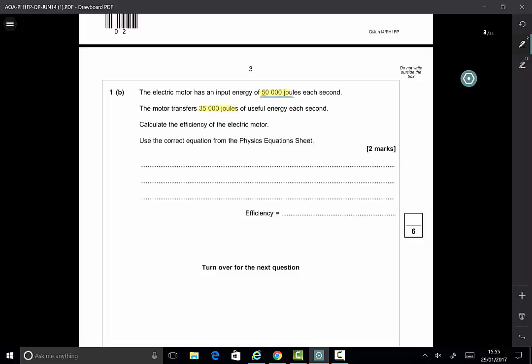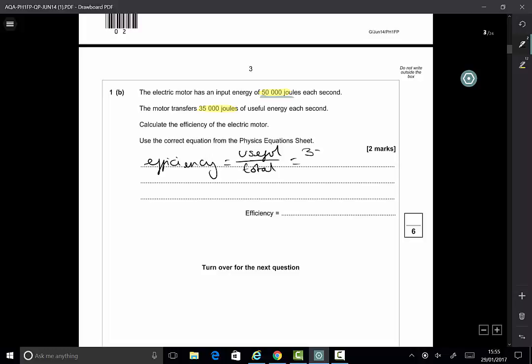If I look at my equation sheet, I see that efficiency is equal to the useful output divided by the total input. Our useful output is 35,000 and our total input is 50,000.